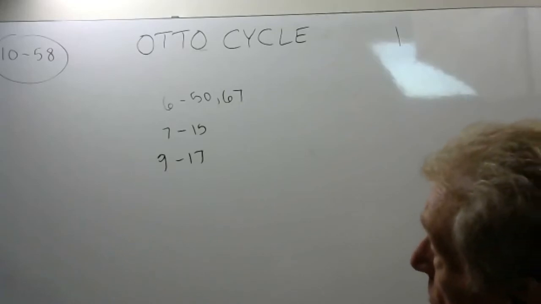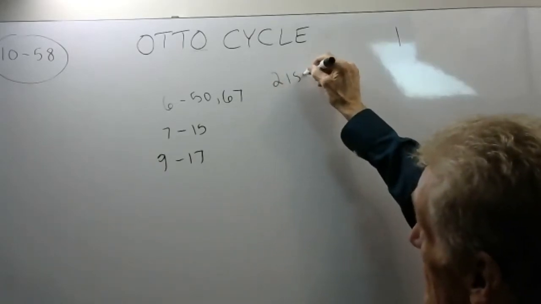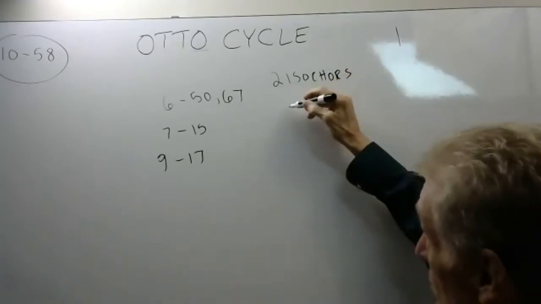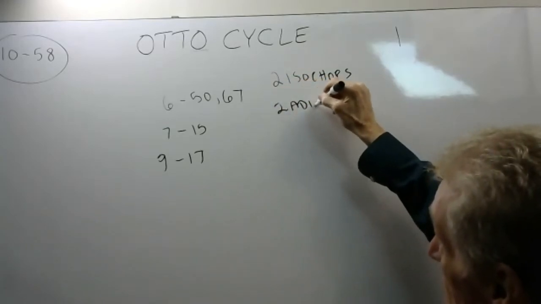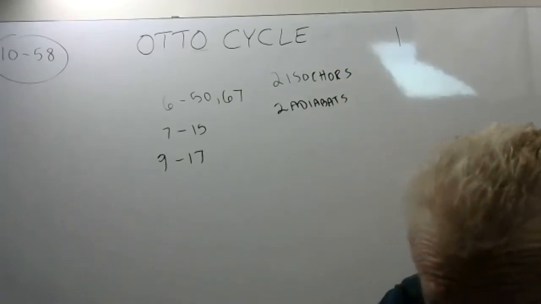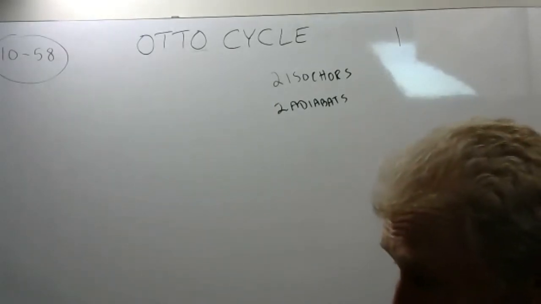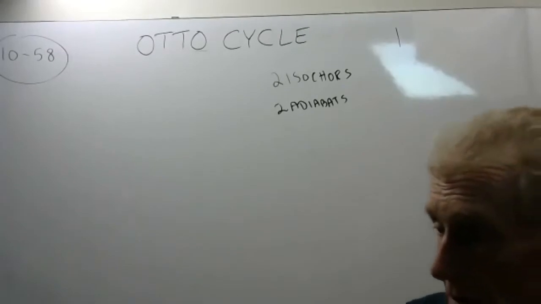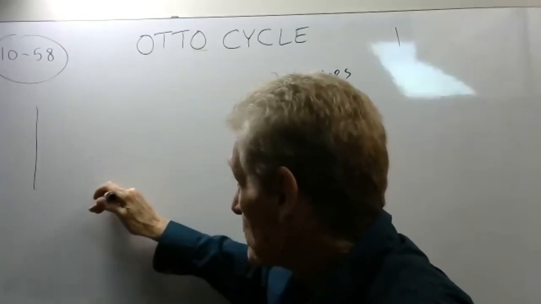Now the Otto cycle has 2 isochores and 2 adiabats. And here, let me draw the cycle for you. Now we're going to go back for a while and do PV diagrams.